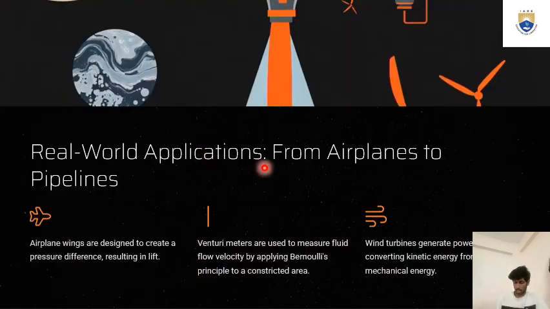Let's talk about the real world applications, where this is specifically used in our modern day-to-day life. From aeroplanes to pipelines, as you know, fluids refer to both liquids and gases. Airplane wings are designed in such a way that they create a pressure difference, resulting in lift.